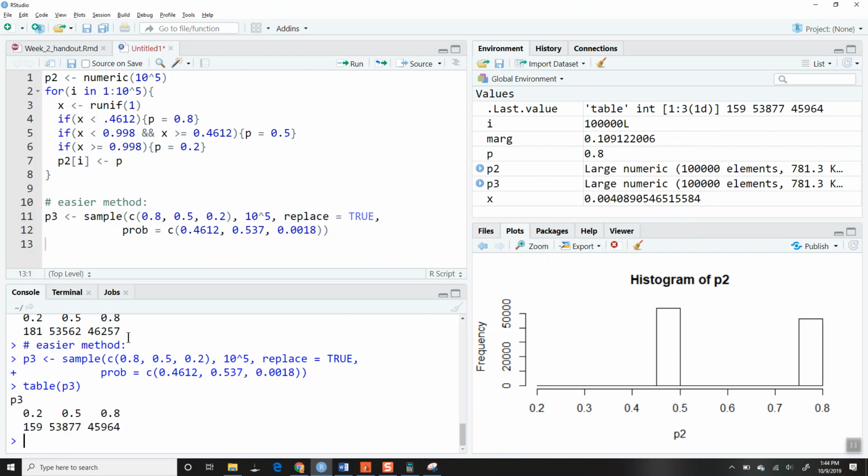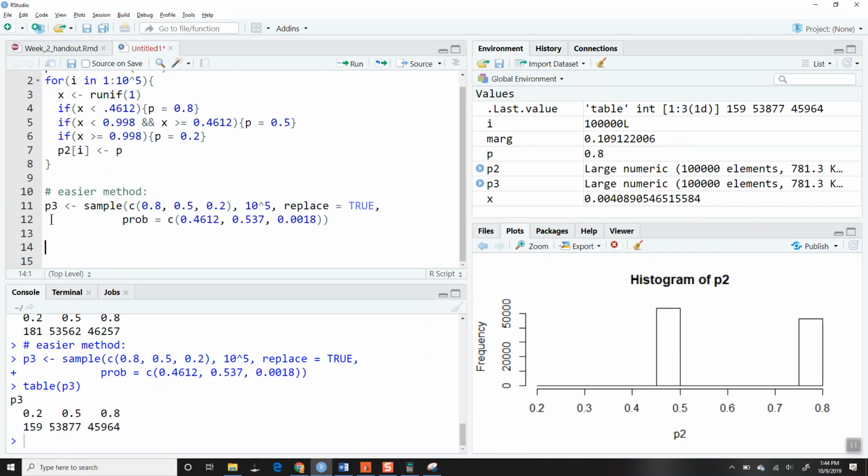And of course, if you wanted to do your Monte Carlo integration, once you have your vector P3, you would do P squared, whatever your vector is. So in our case, I've got P3 squared, and I just take the mean of this.